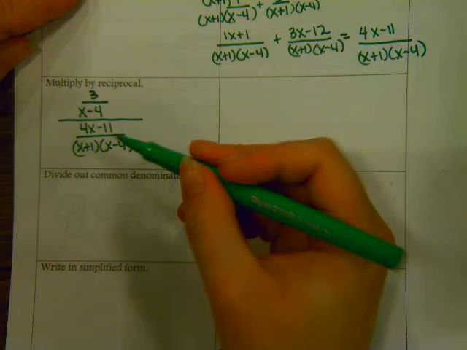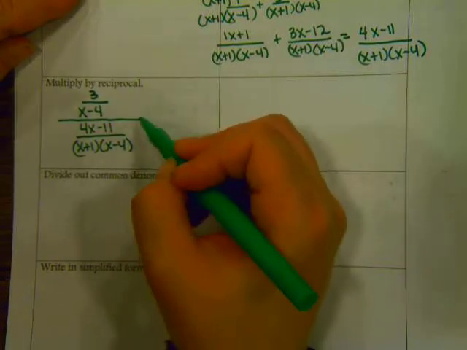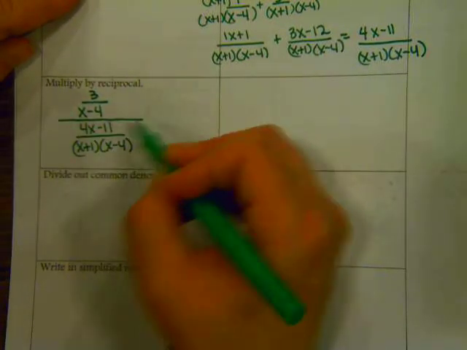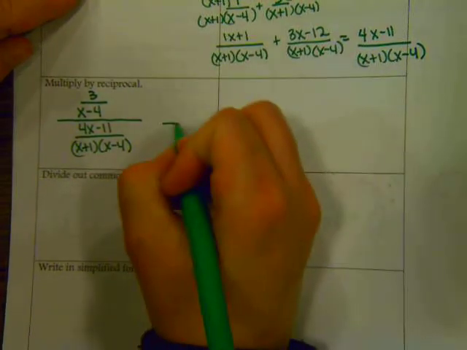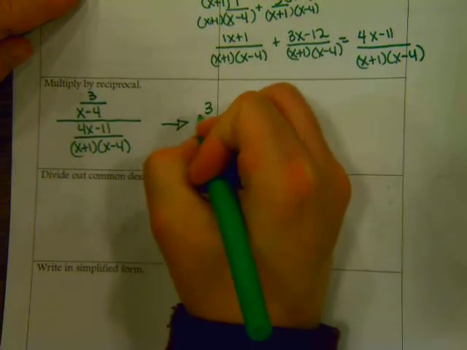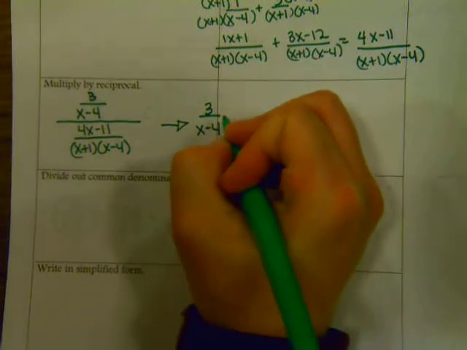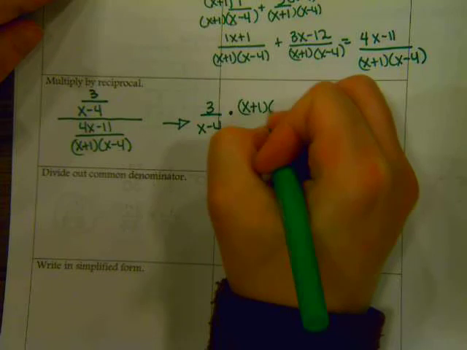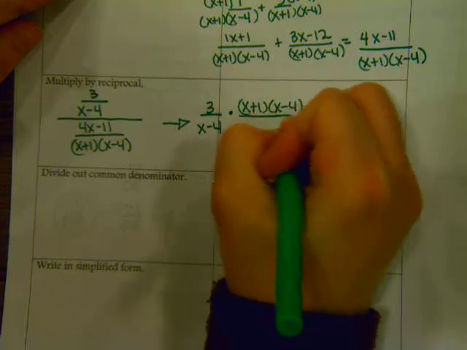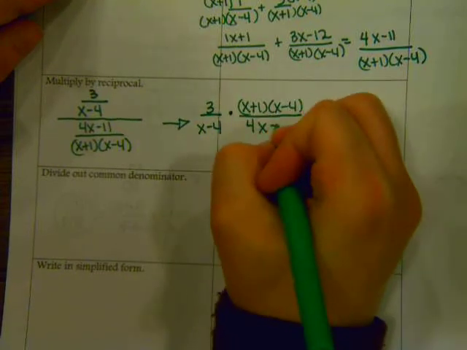So then, just like on the front with the numbers, this fraction bar changes into division, which means we're going to multiply by the reciprocal. So I'm going to rewrite this as 3 over x minus 4 times (x plus 1)(x minus 4) over 4x minus 11.